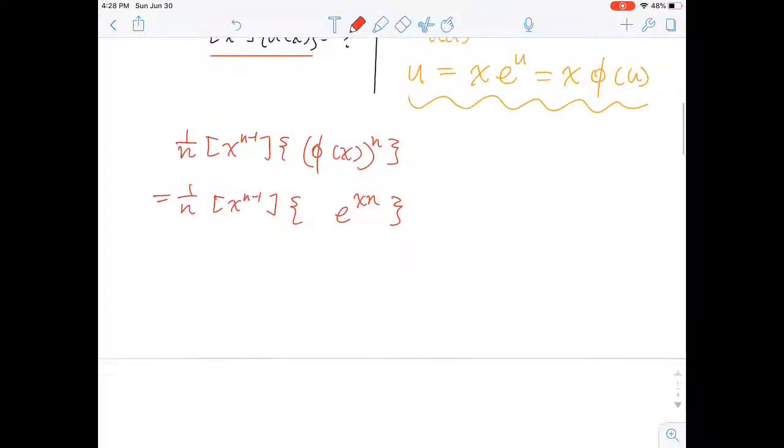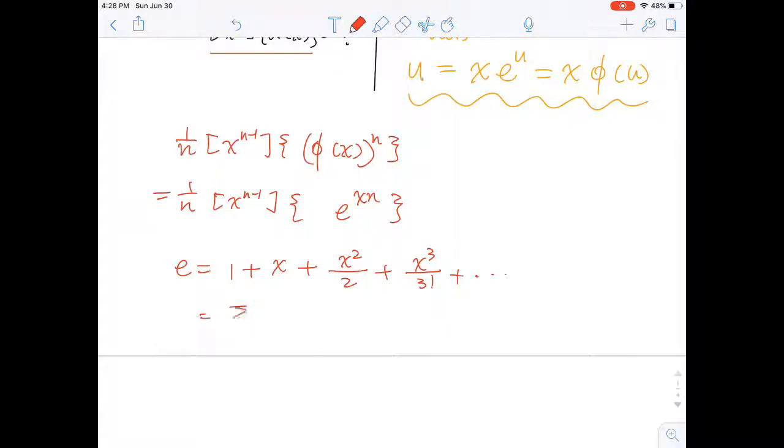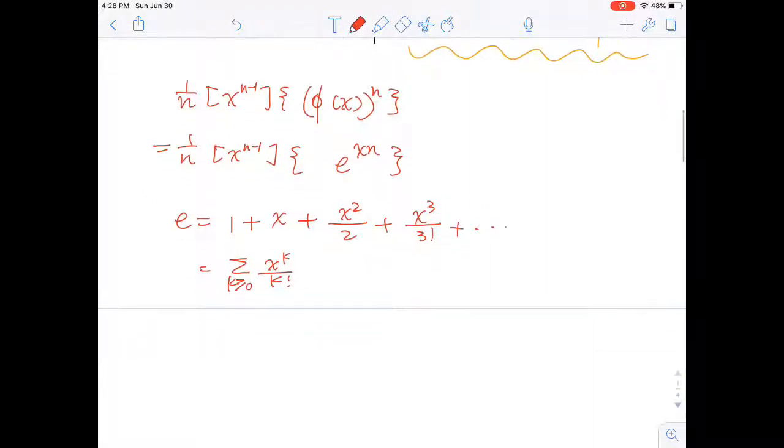Okay, so we know that the expansion of e^x is 1 plus x plus x squared over 2 plus x to the power of 3 over 3 factorial plus dot dot dot. And we can write this in the summation form, right? So this is actually e^x.